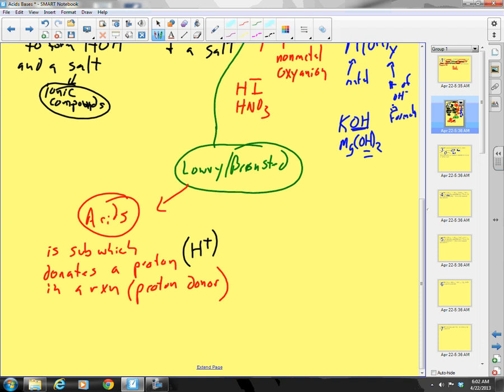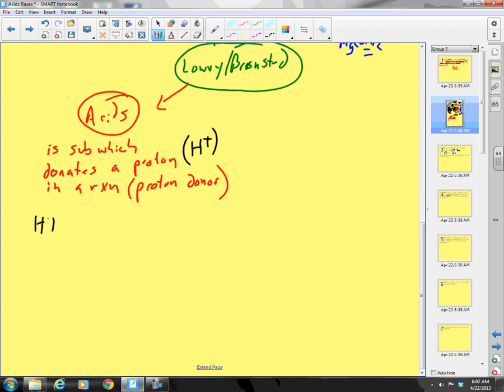So let's take something like this. I have HI, and we're going to have water reacting with it. And what that's going to produce is hydronium plus I minus. And what you're going to start seeing now, ladies and gentlemen, is that with Lowry Bronsted acids and bases, we're not going to write it just as HI going to H plus and I minus.